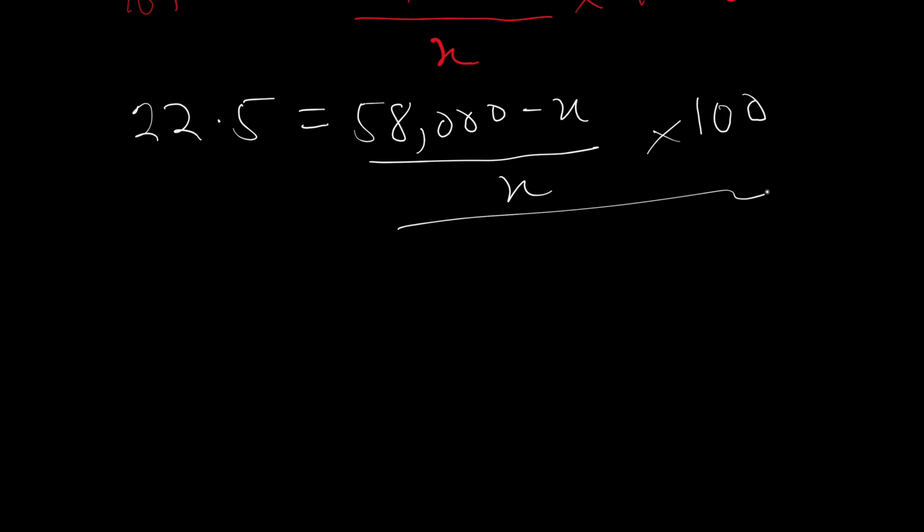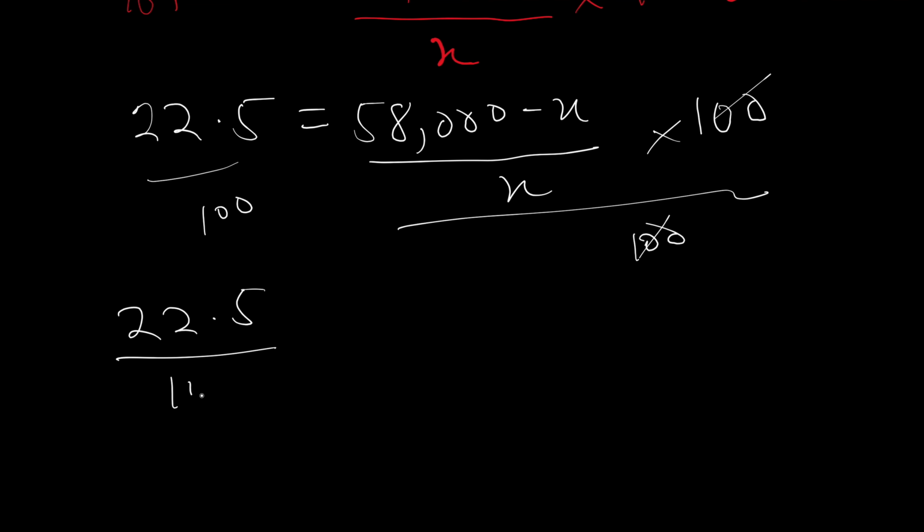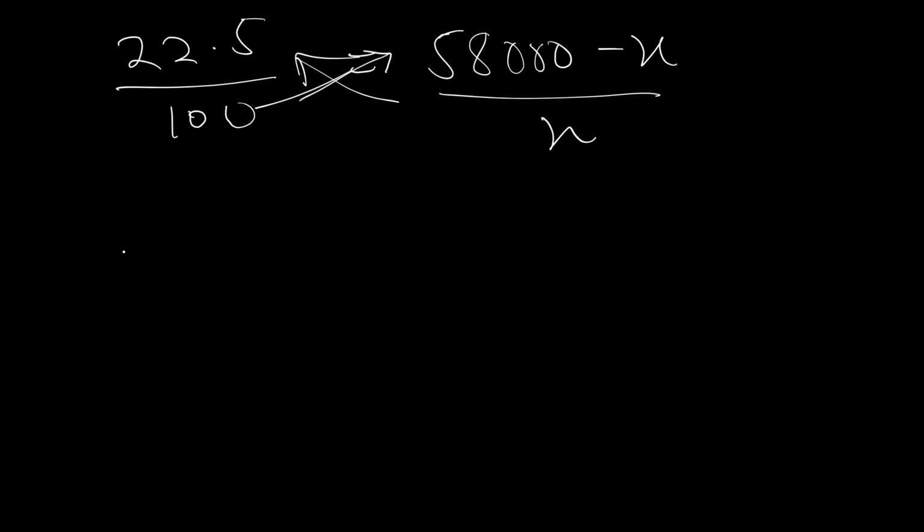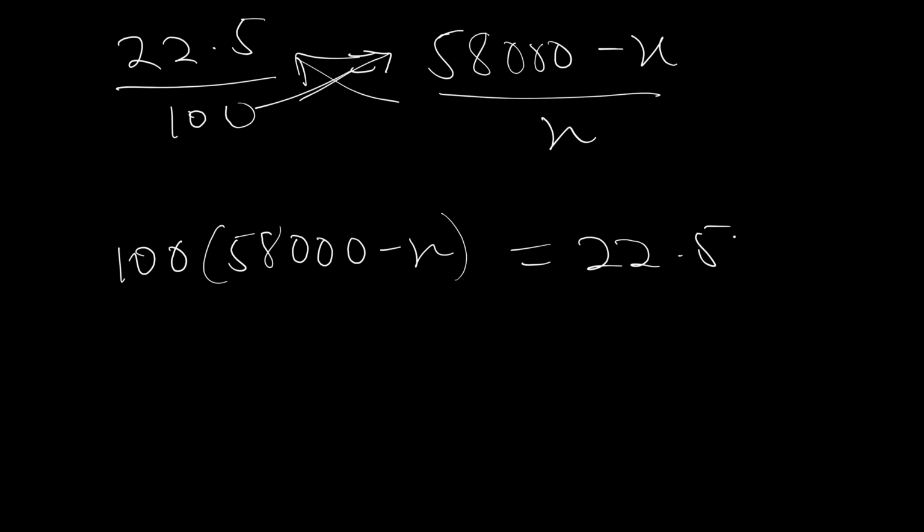Now when we divide both sides by 100, this cancels this. We have 22.5 over 100 is equal to 58,000 minus X all over X. Now when we cross multiply, we have 100 times 58,000 minus X is equal to 22.5x.